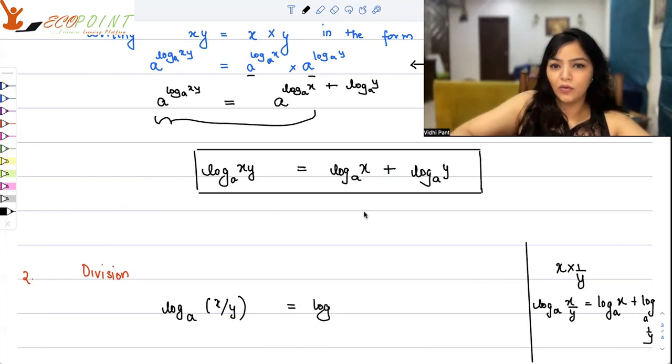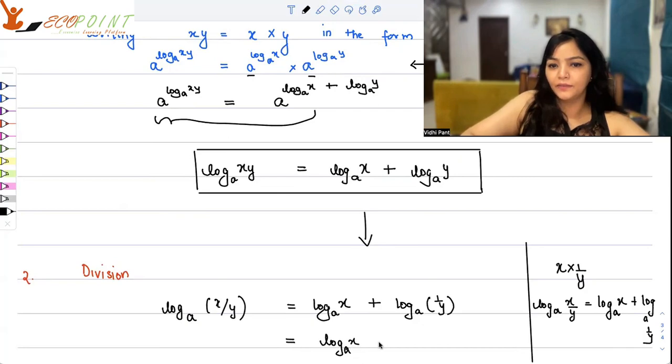So this will be, according to the multiplication rule itself, log base a x plus log base a 1 upon y, which will be equal to log base a x plus log base a y to the power minus 1.